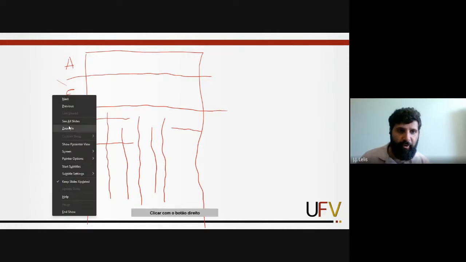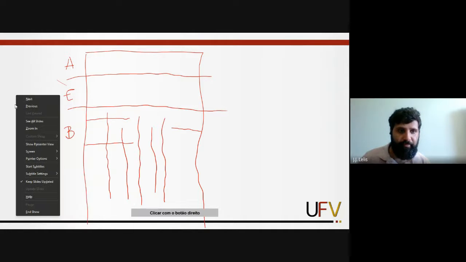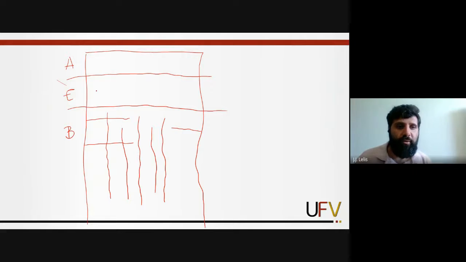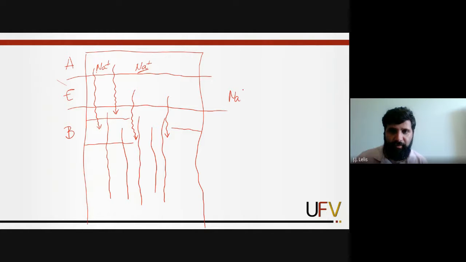So if I have a lot of sodium here, this sodium helps the elevation of clay from the A horizon and from the E horizon to the B, because sodium acts in the dispersion of peds.